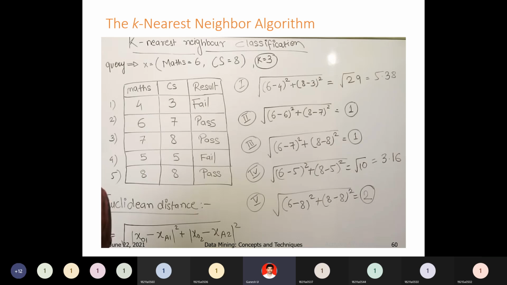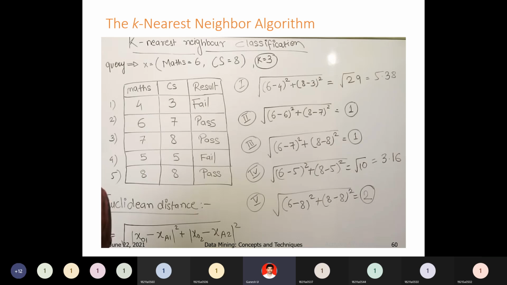So we have to find out the Euclidean distance. The formula is capital D equal to square root of (xo1 minus xa1) square plus (xo2 minus xa2) square. So xo1 and xo2 are the values for which we have to find out, for math equal to 6, CS equal to 8. For that student X we have to find out, that value is xo1, xo2.